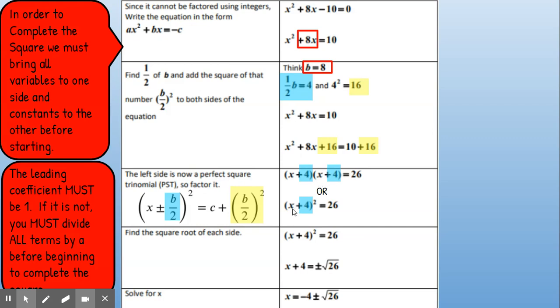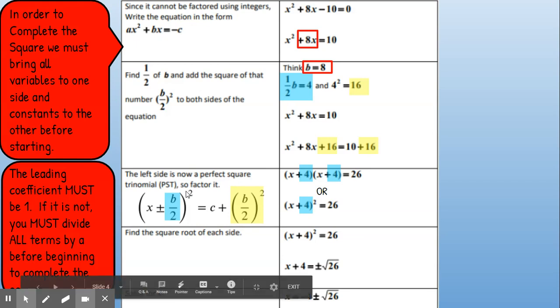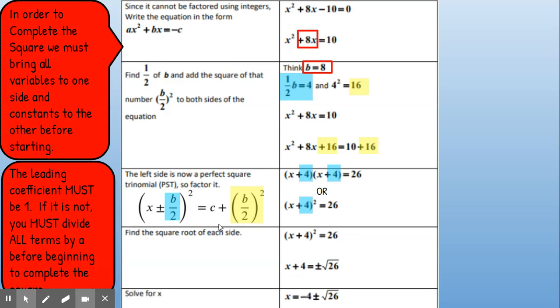Or know your shortcut now that the perfect square is x plus or minus that b over 2, this half of 8 that we took here, there's the 4, squared, and that's going to equal the constant that you started with, 10, plus the perfect square that you forced in, 16. That is where we got the 26 from.